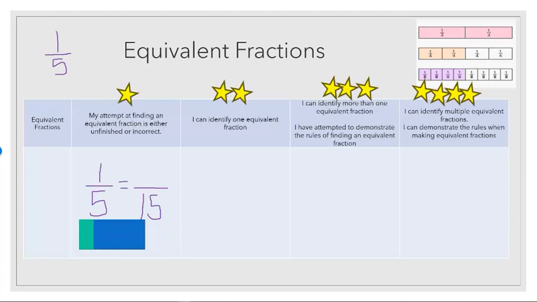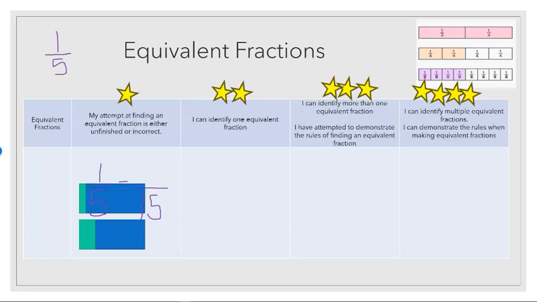And you may not have finished the other picture or divided it into the right quantities.